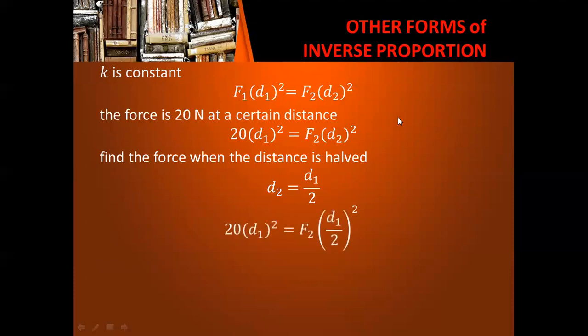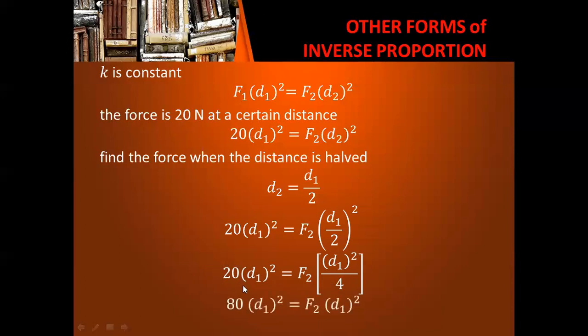We now have 20 d1 squared is equal to f sub 2 times the square of d1 over 2. Applying the laws of exponents, we now have d1 squared over 4. Doing cross multiplication, this 4 gets multiplied to 20, giving us 80 d1 squared is equal to f2 d1 squared.